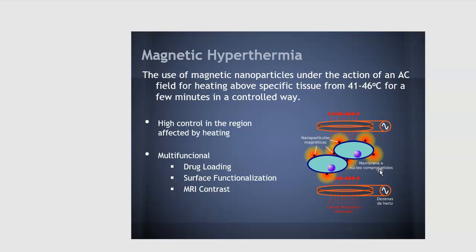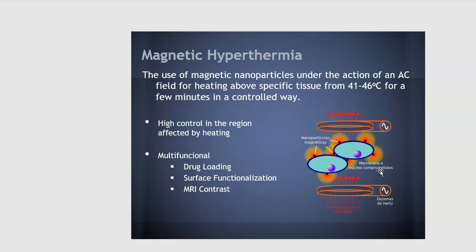When they are placed in the magnetic field, there is complete destruction of the tumor cell. This is a localized heating and a very interesting technique, a substitute for chemotherapy and radiotherapy nowadays.